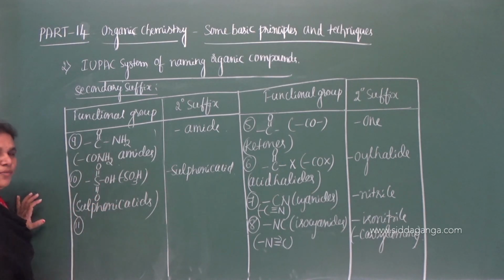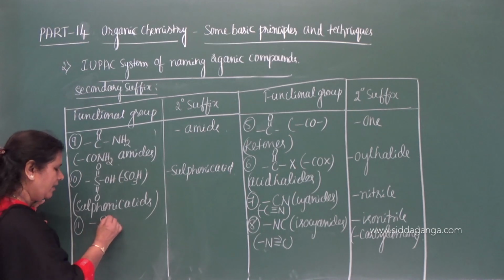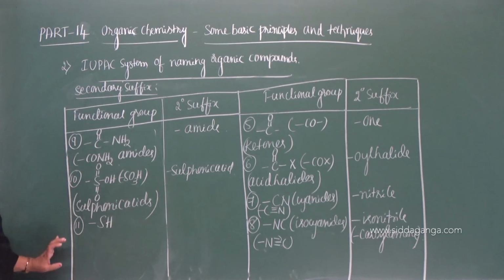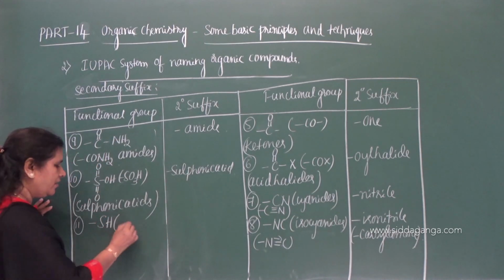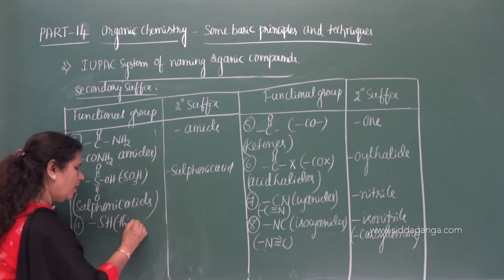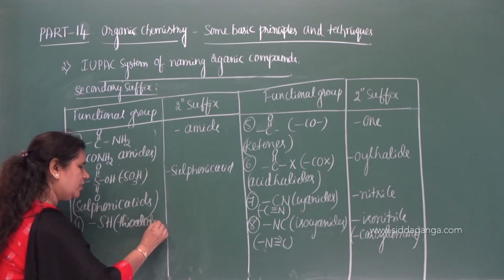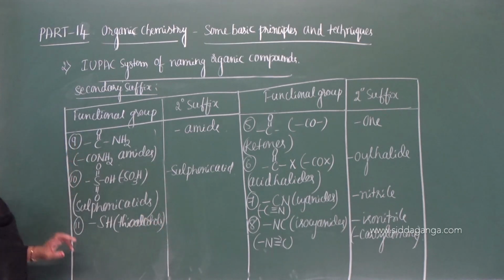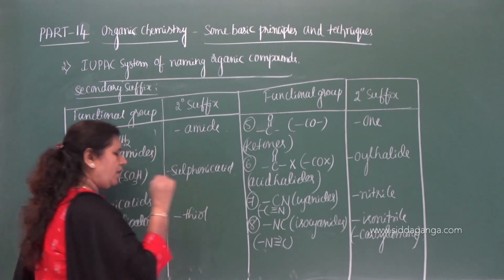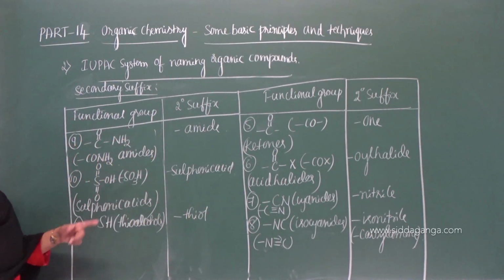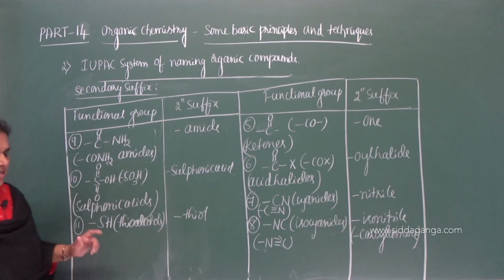So then the 11th one, you can take SH. SH here stands for thioalcohols, correct? So it belongs to the class of thioalcohols, and the secondary suffix will be thiol. Thiol is the secondary suffix.